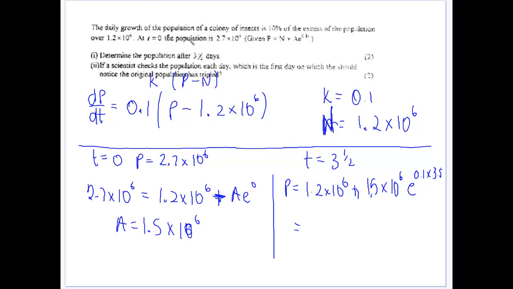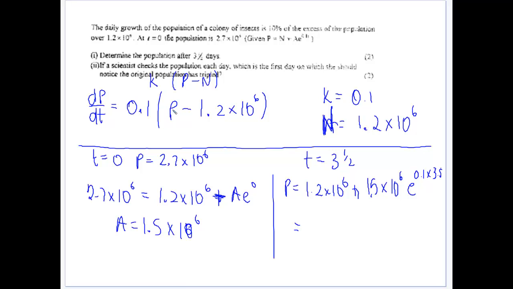This one, we've got a colony that increases 10% of the excess of the population over 1.2 times 10 to the power of 6. What does that mean? So basically, we've got a population, the daily growth being the 0.1, so 10% of the excess of the population of some population p minus the 1.2 times 10 to the power of 6.